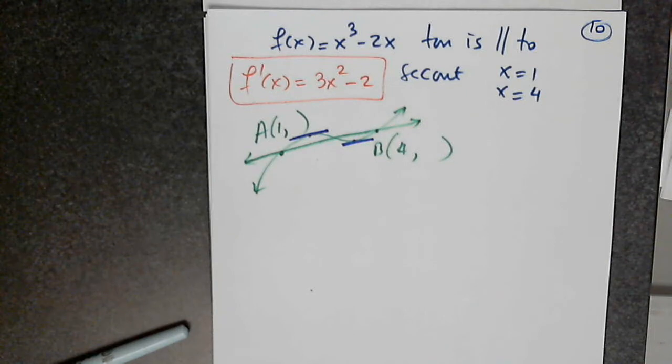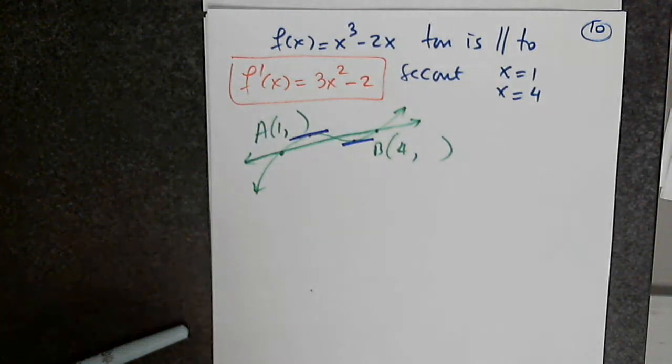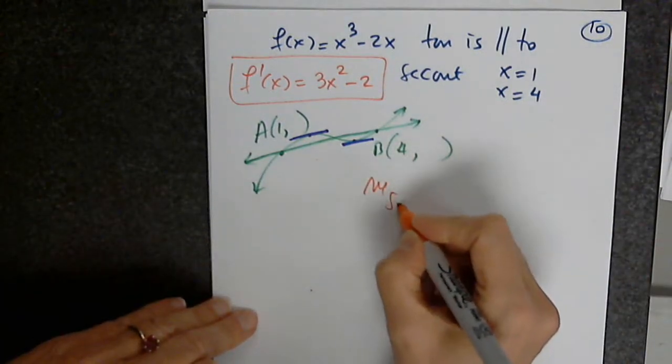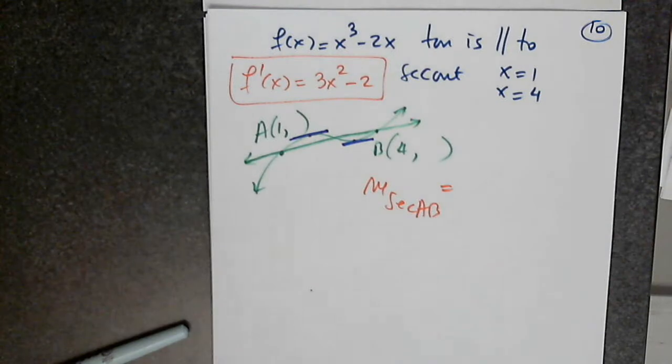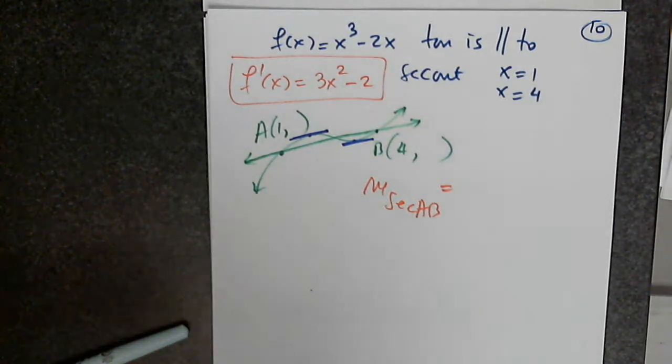What's the slope of the secant? I have to find the slope of the secant line. Right. So I have to find the slope of the secant line, AB. How do I find the slope of the secant line, AB? What am I missing?